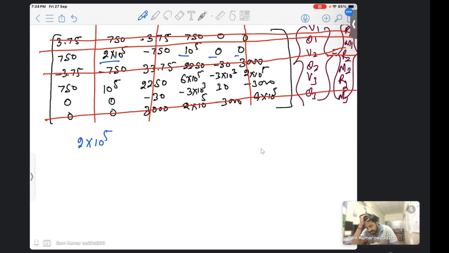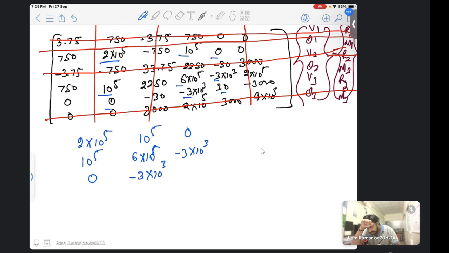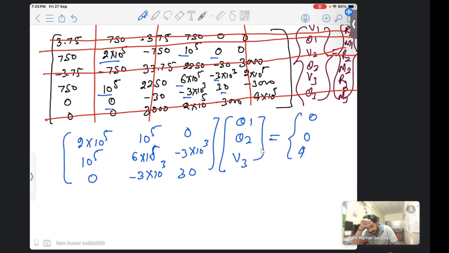So this one and this. 10 power 5, then 10 power 5, 0, then again 10 power 5, 6, 10 power 5, minus 3, 10 power 3, 0, minus 3, 10 power 3, then 30, times theta 1, theta 2, B3 equal to 0, 0, 4 after putting the value.